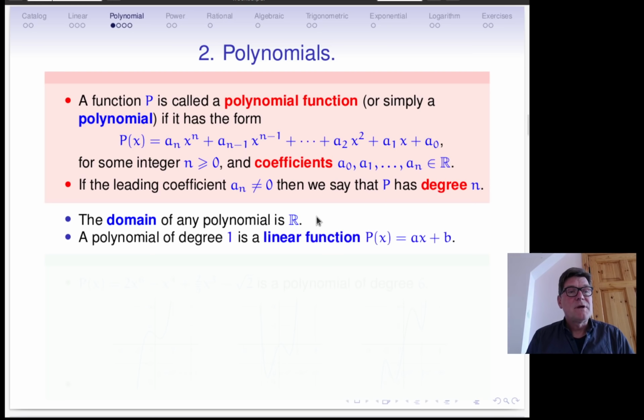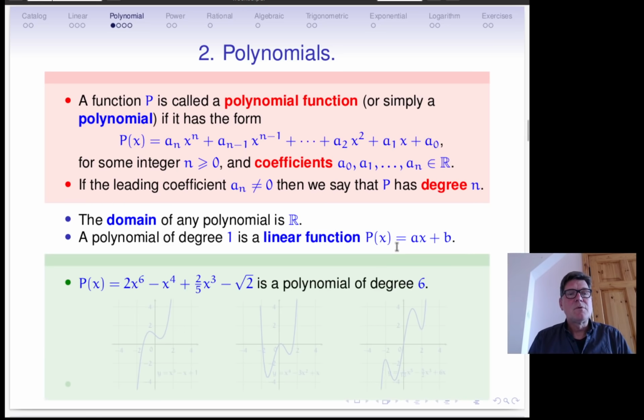As an extreme example, a polynomial of degree 1 is the linear function that we considered in the previous videos. A function of the form p of x is ax plus b. That's this long expression which only extends, reading backwards, up to the coefficient a1, which serves as the slope in this linear function.